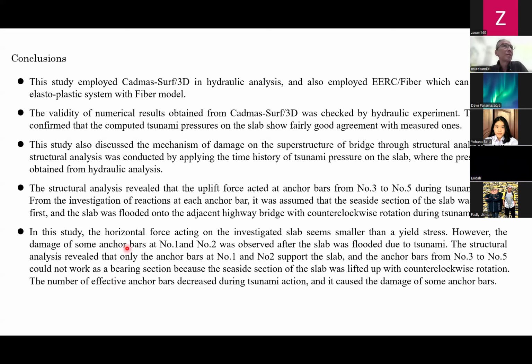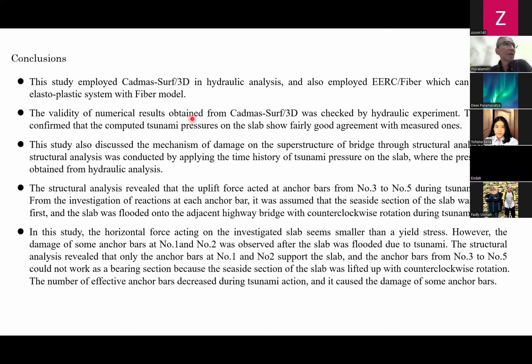These studies employed CADMAS-SURF/3D for hydrodynamic analysis and also employed ERC fiber, which can simulate an elastoplastic system with a fiber model. And the validity of the numerical results obtained from CADMAS-SURF/3D was checked by hydrodynamic experiment. We confirmed that the computed tsunami pressures on the slab show fairly good agreement with experiments.